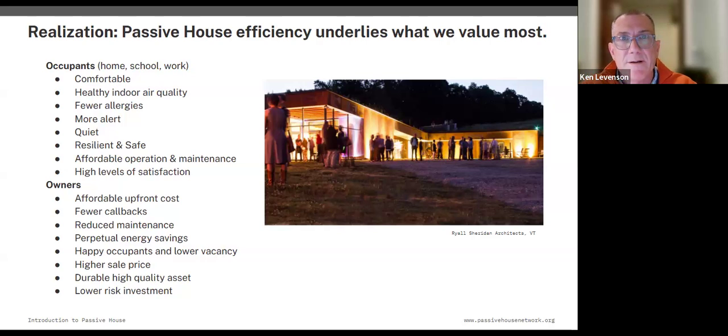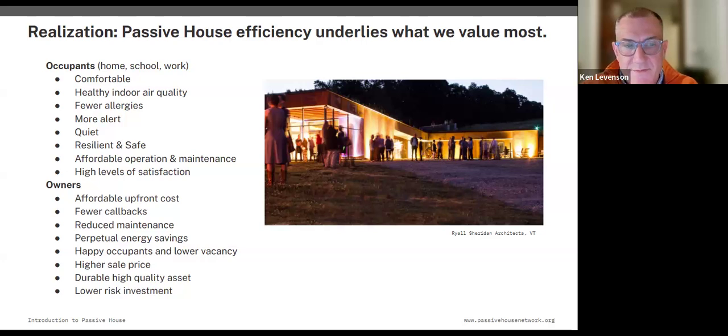And of course, we need to be realistic and rational about how we go about that. But Passive House, there's so much in construction, and construction is so ridiculously expensive to start with. We can all say, but Passive House should not be a driver of unaffordability. We can make it work.